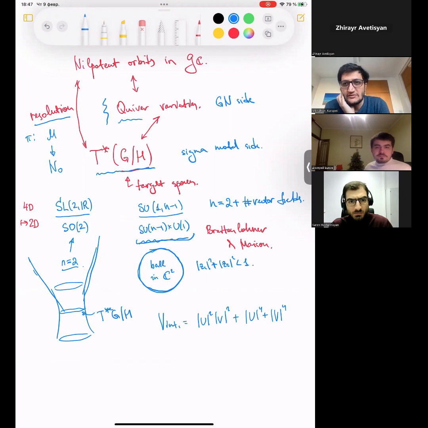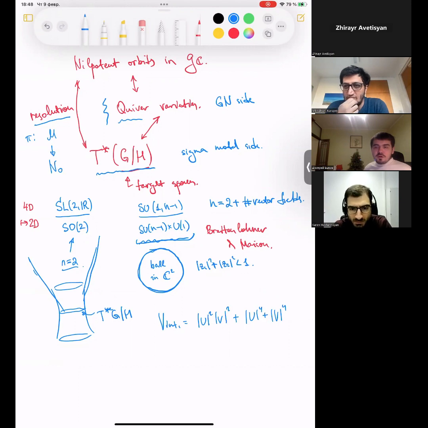So the existence of a resolution is somehow related to whether this orbit is discretely separated from the rest. Yeah, it's related. Actually, I don't know exactly what the sharp statement is, but there is some notion of rigid orbit and non-rigid orbit, and it seems to be in correspondence.